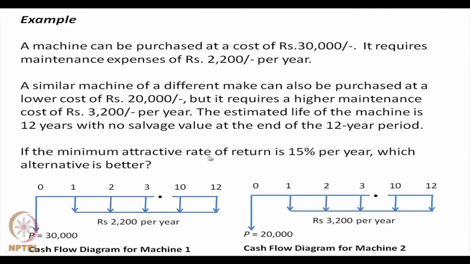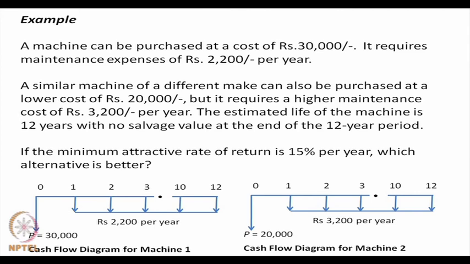And if the MARR, that is the discount rate, is 15% per year, then which of the two alternatives is better? So, this is a case of comparing between two alternatives. The first cost of the machines are different and the annual maintenance expenses are also different.